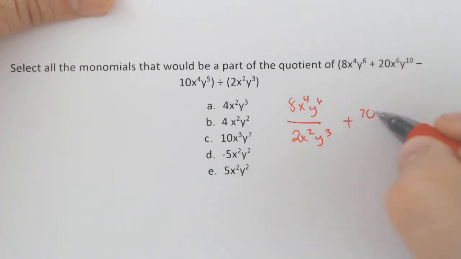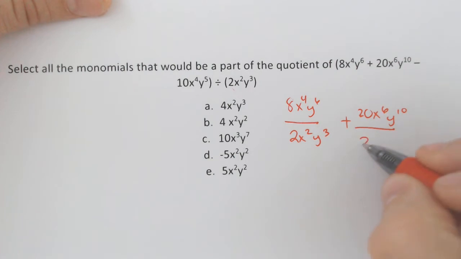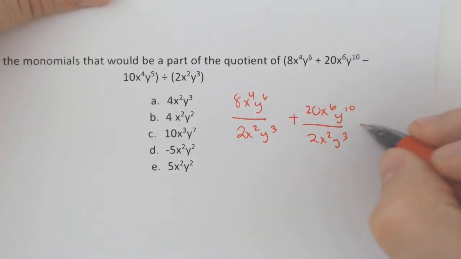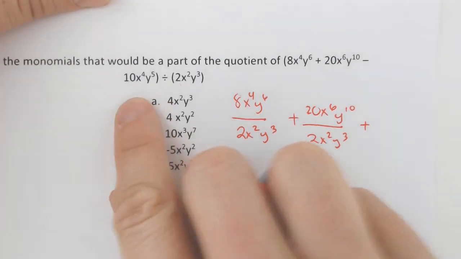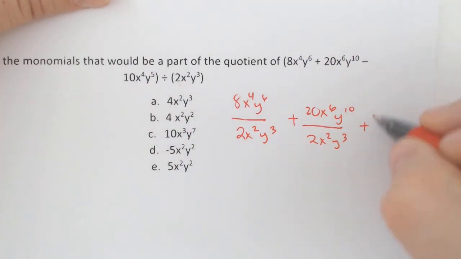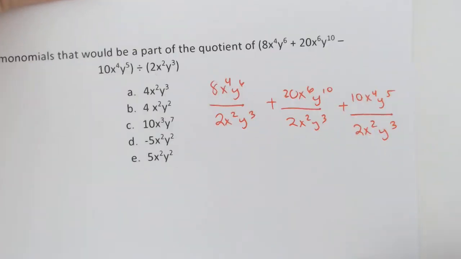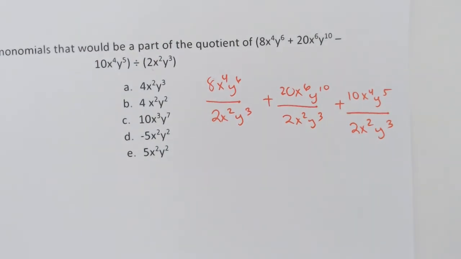Then the 20x to the sixth, y to the 10th, over its own 2x squared, y to the third. Then the last part, the 10x to the fourth, y to the fifth, which kind of printed down here, over its very own 2x squared, y to the third. So everybody gets a 2x squared and a y to the third.